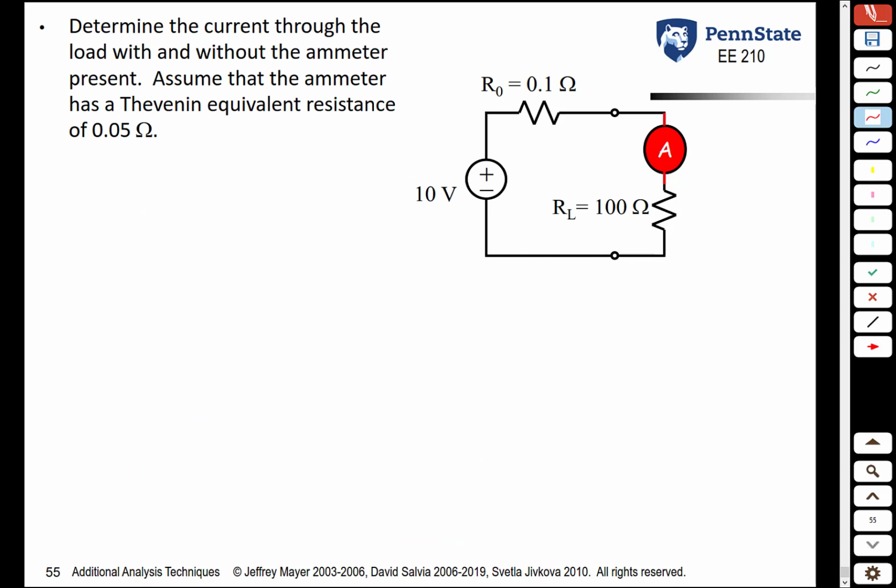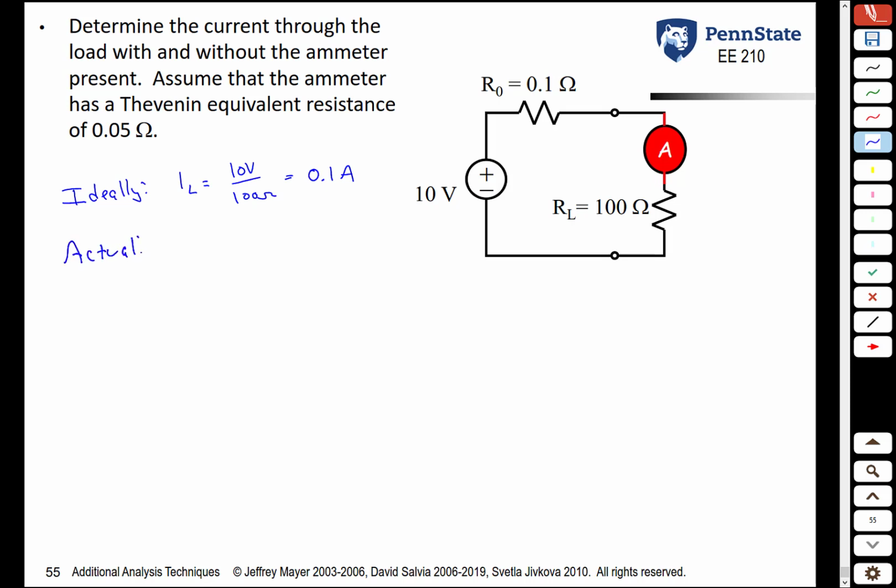Let's look at an example with an ammeter now. So once again, let's take a voltage source and now drive a 100 ohm load with it and calculate the ideal, the actual, and the measured current through the load. So ideally, if you take a 10 volt source and drive a 100 ohm resistance, IL would be 10 volt over 100 ohm, or 0.1 amp.